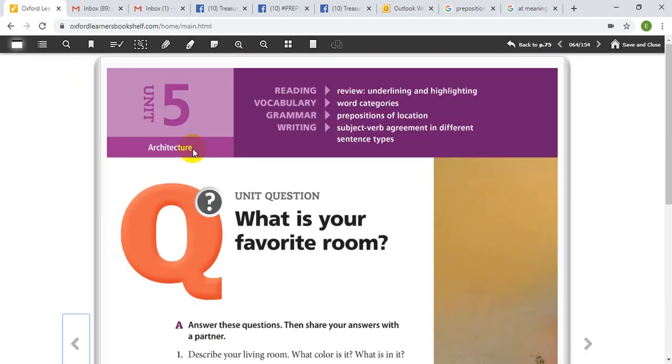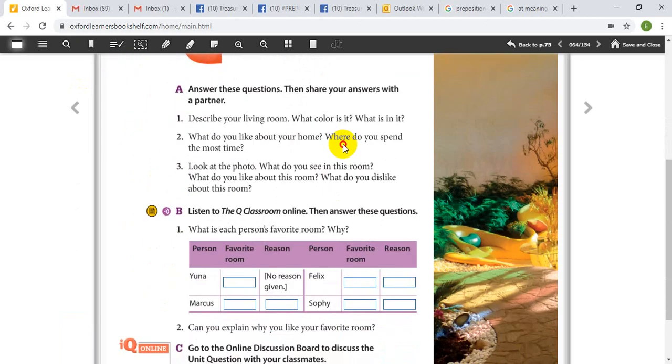So this might be a problem for such kind of rooms. So you're going to share your answers with anyone, or if you cannot share with anyone, you have to think the answer to these questions by yourself.